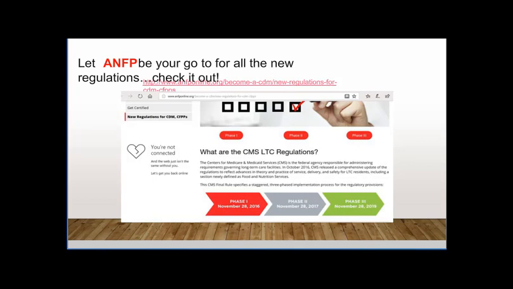Are there specific updates for assisted living? Once again, assisted living, you're in your own boat with two oars. You're sailing down the river by yourself right now. Assisted living regulations, my best recommendation for you is to take a look at what your state-specific assisted living regulations say. I can give you a good example.